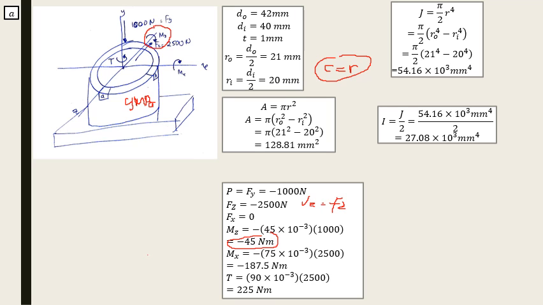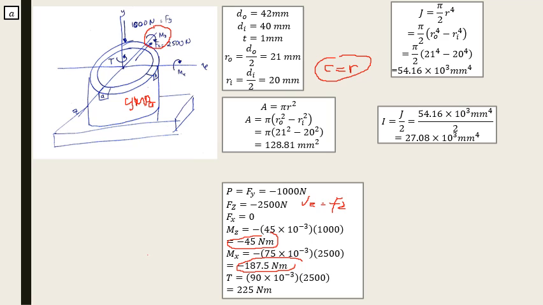So then Mx is 75 times 10 to the power of minus 3 times 2500, and this becomes 187.5 Newton meter.